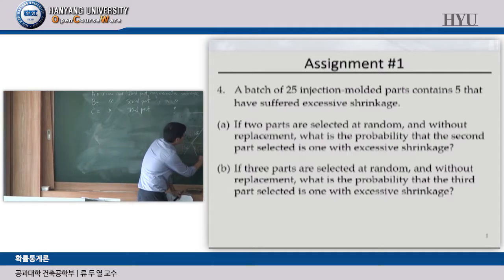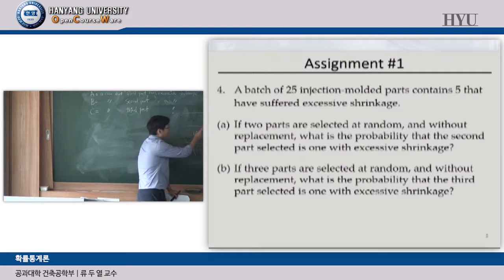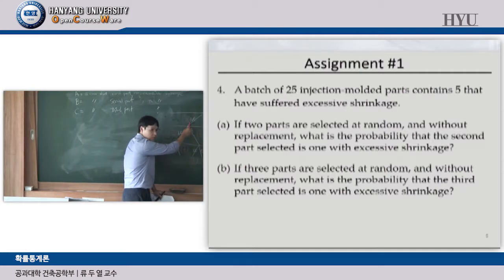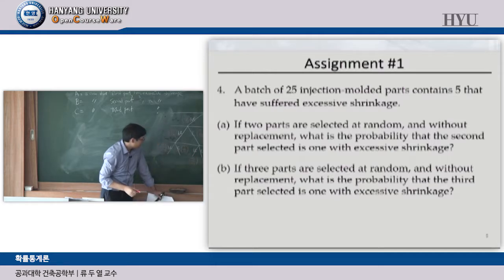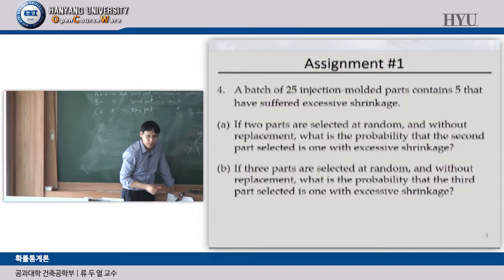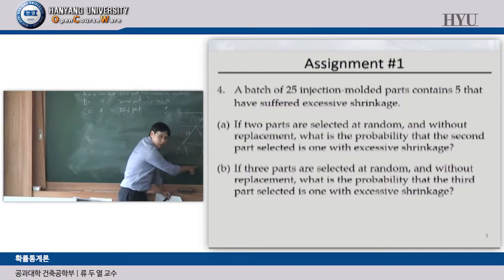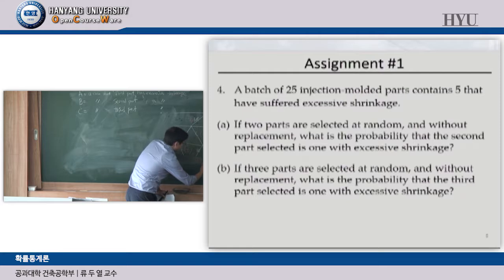And what about this case? That is 19 over 23, right? Right? Because the first part selected was non-excessive shrinkage, but the second part selected has the excessive shrinkage. So there are only 19 parts with non-excessive shrinkage among 23. And this can be 4 over 23, right?